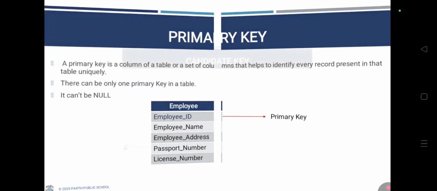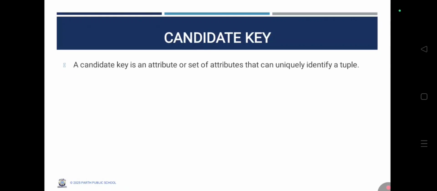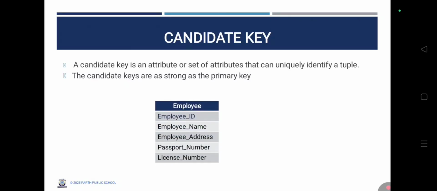Now the next concept is candidate keys. All those keys or all those fields which can uniquely identify each record or each tuple are called candidate keys. There is more than one candidate key in a table. For example, in our table, employee ID, passport number and license number can all uniquely identify each record in a table.